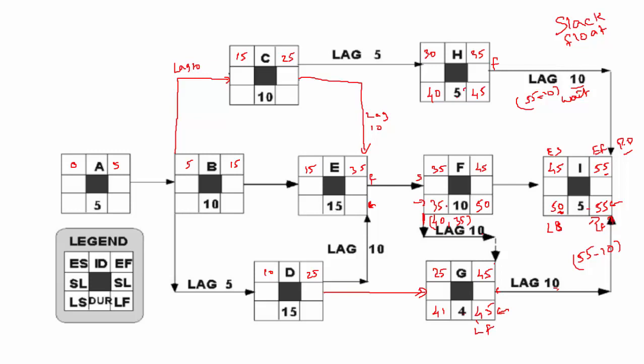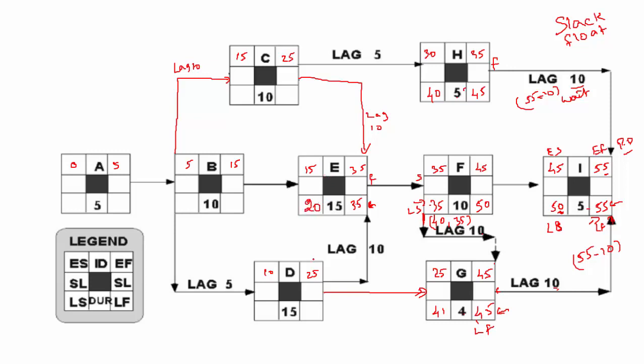So on the 35th day, the latest start is the 35th day, so the latest finish could be 35. We just bring this value over here. Now 35 minus 15 would be 20. So write down 20 here.